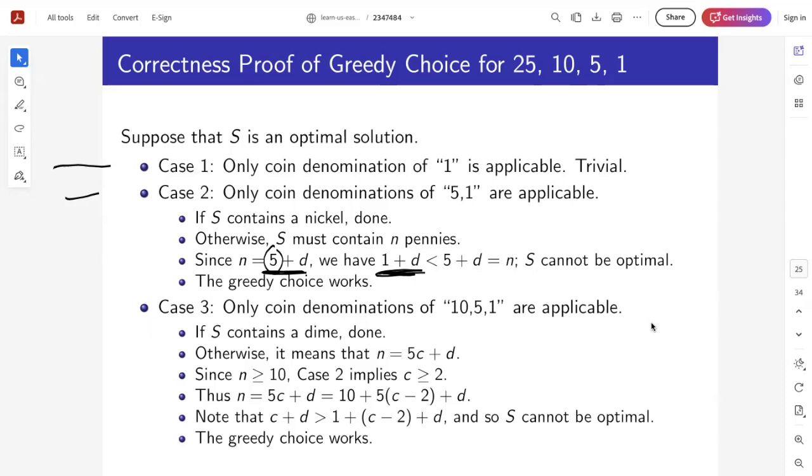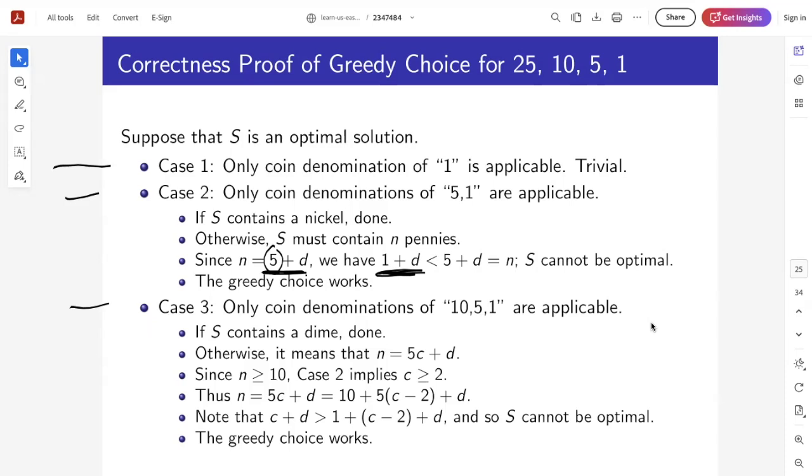Likewise, for case 3, only coin denominations of 10, 5, 1 are applicable, which means that you cannot use quarters. If the optimal solution contains a dime, then we are done, because that greedy choice works. It has the greedy choice in it.